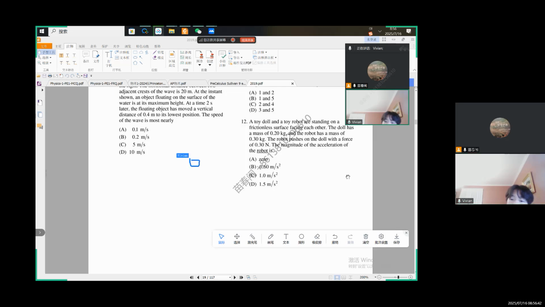Doll and robot. 0.2. 0.3. The robot pushes the doll with a force of 0.3 newtons.